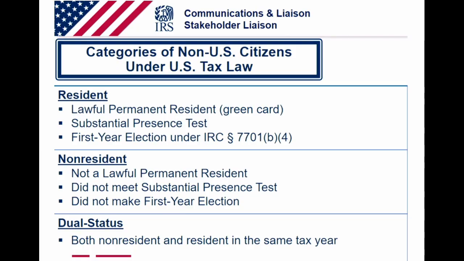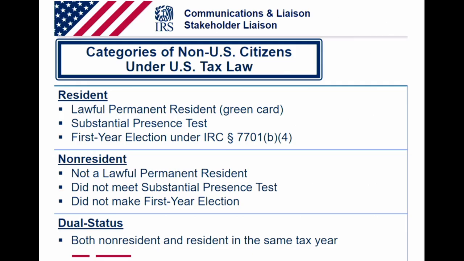So first let's talk about those who are residents of the United States under U.S. tax law. A lawful permanent resident is a resident of the United States for U.S. tax purposes. This is generally true even if they are not physically present in the United States during the tax year. The lawful permanent resident or green card test is one of the two tests under which a person who is not a U.S. citizen can be determined to be a U.S. resident for U.S. income tax purposes.